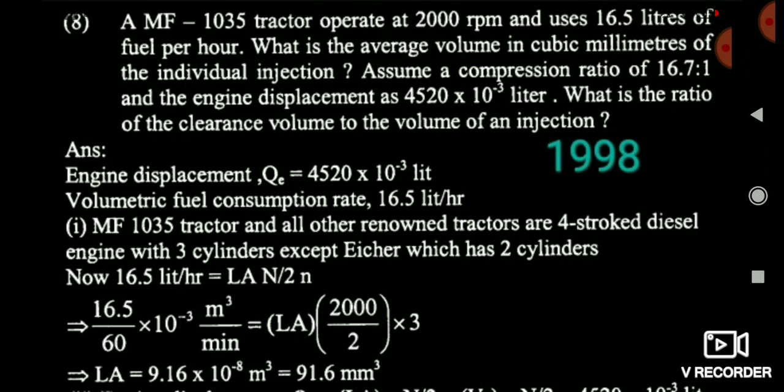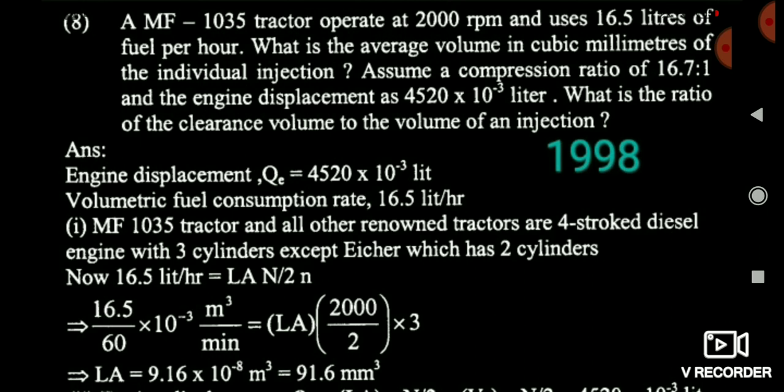So friends, the first thing you should do is convert, it is given that 16.5 liters per hour, so you should convert it into per minute, that is 16.5 into 10 to the power minus 3 divided by 60, this much amount of meter cube per minute. And friends, equate it with swept volume into small n by 2.